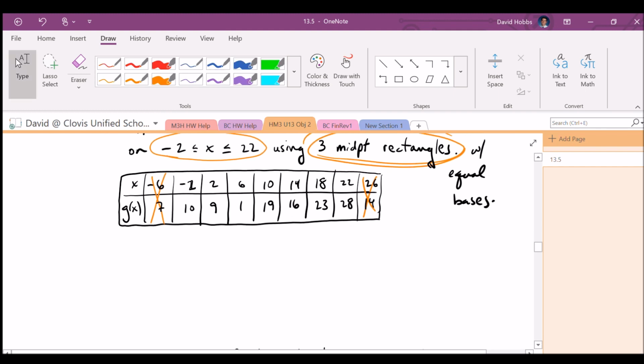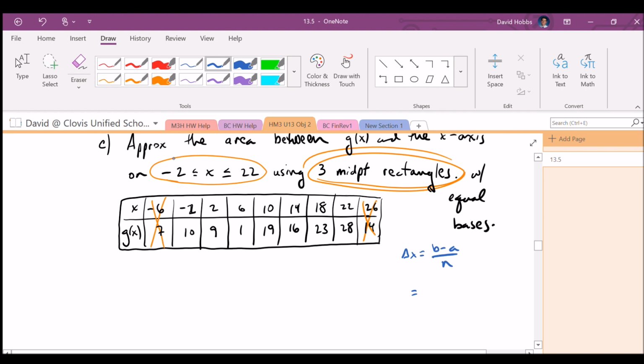Okay, so since it's got equal bases, now like I say, we could probably just kind of count it, but let's go ahead and use that formula again just for the heck of it here. So delta x is b minus a divided by the number of rectangles. And so now again, remember here, here's a, here's b.